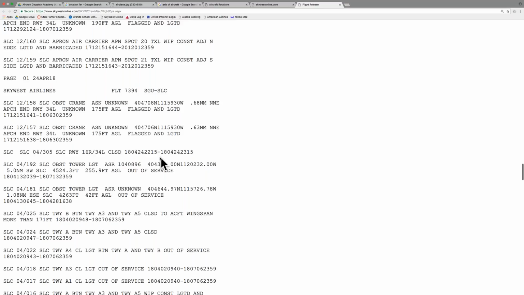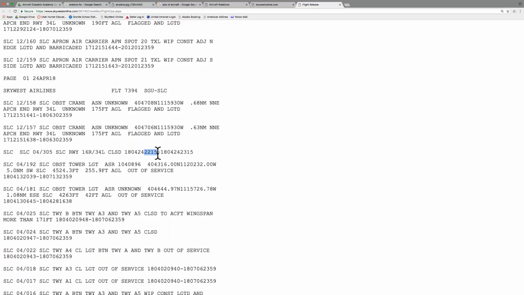So when we look at these NOTAMs and stuff, this time, this 22:15, just to kind of give you a hint, in Salt Lake City, that's -6 right now. So that's 10 p.m. universal time minus the 6 hours, so that's 4 p.m. in Salt Lake.